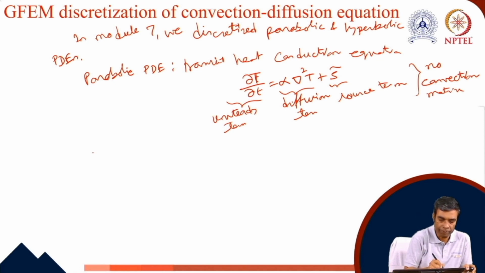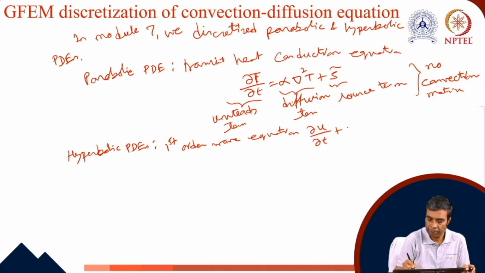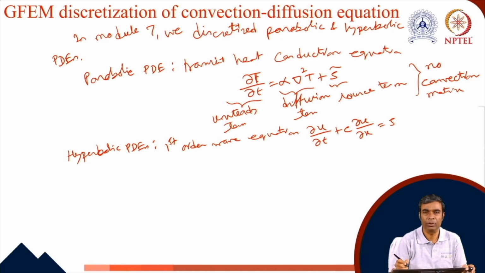Next, we considered hyperbolic PDEs. Two types of equations we considered. First order wave equation, del U del T plus C del U del X equals to source term. In this case, we have convection term, but we do not have any diffusion term.